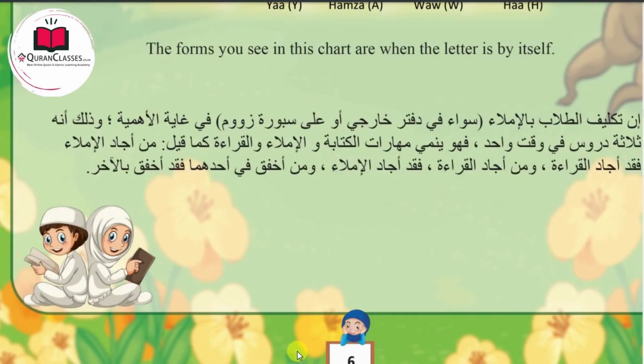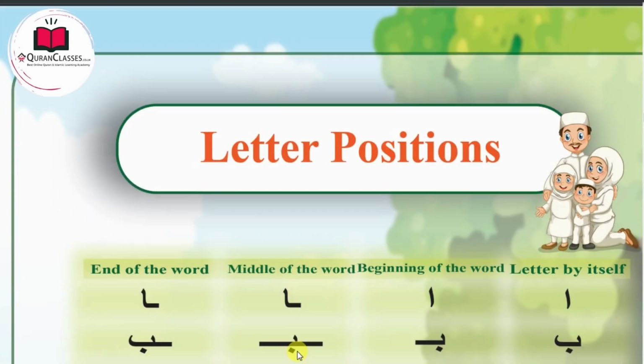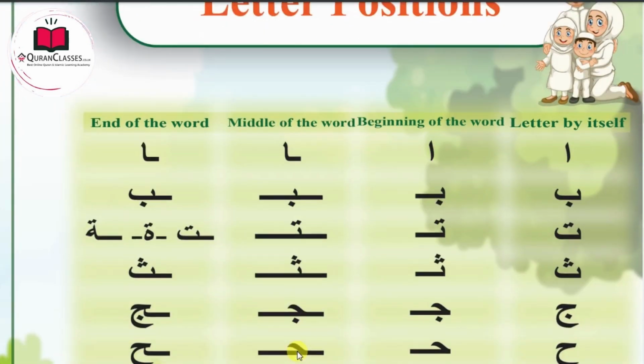And now we are going to take letter position. Here you can see the letter by itself. After that we have the beginning of the word, then the middle of the word, and the last one is the end of the word. The letter by itself looks like this.